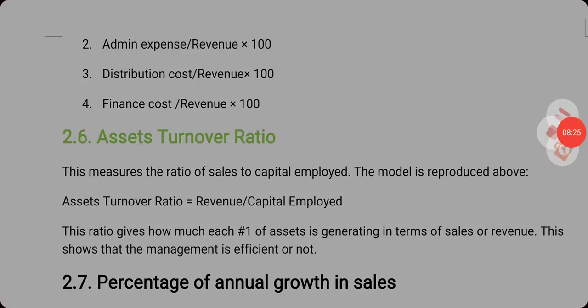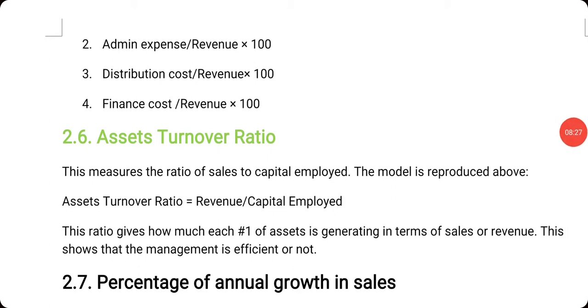Revenue divided by capital employed. So now this tells us how much sales is generated by each 1 naira of our assets. Are you there? So a higher asset turnover ratio indicates that the management of the company have efficiently utilized the assets to generate enough revenue.